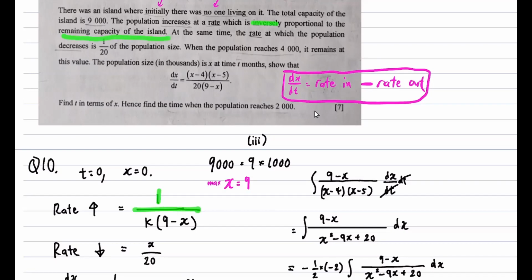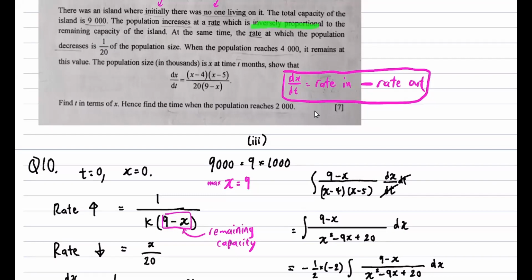So it's just 1/k times remaining capacity of the island. This fella over here, 9 minus x, is referring to remaining capacity. Do you know why? x is the amount of people at the time, and 9 is the maximum, so remaining must be minus, right? Okay, this part okay? Yes, good.